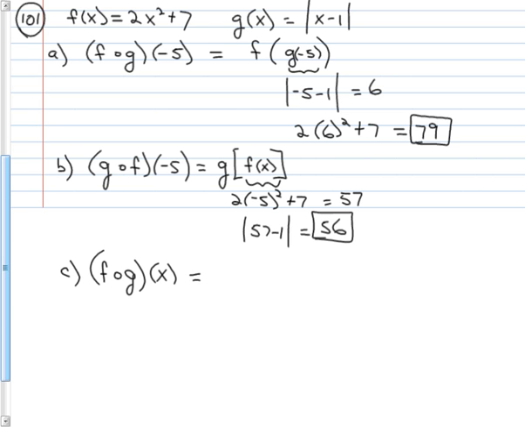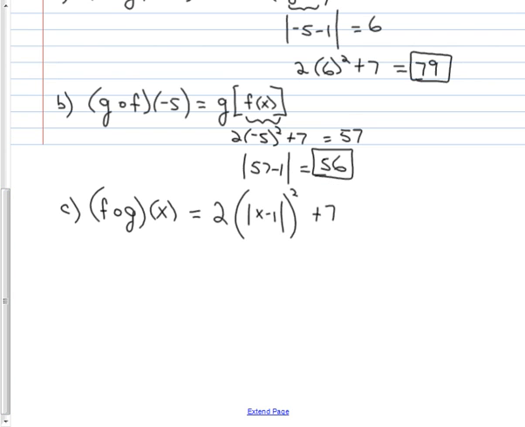So the g function is the absolute value of x minus 1 that gets stuck right into the f function, right where that x is. 2, parentheses, absolute value, x minus 1. Close the absolutes, we're going to square that. And we're going to add 7 to that. Let's see how far they took this. All right. A long ways.